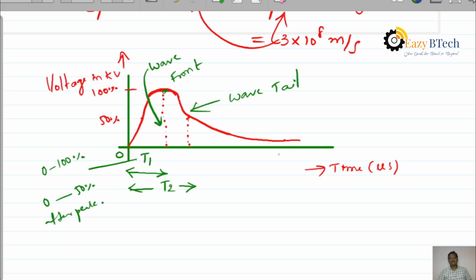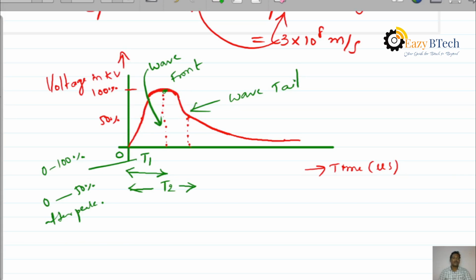Now, once again I am repeating the timings, because depending upon these timings only, we will represent the waveform. T1 is 0 to 100%, T2 is 0 to 50% after reaching the peak.